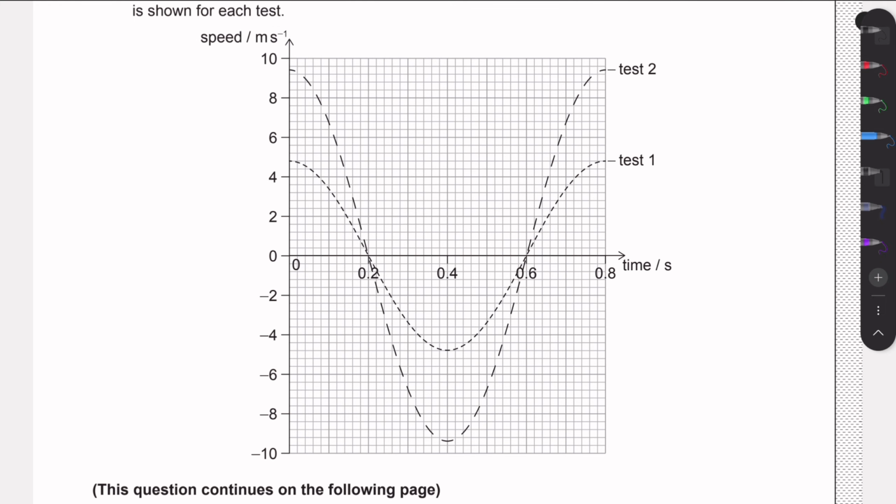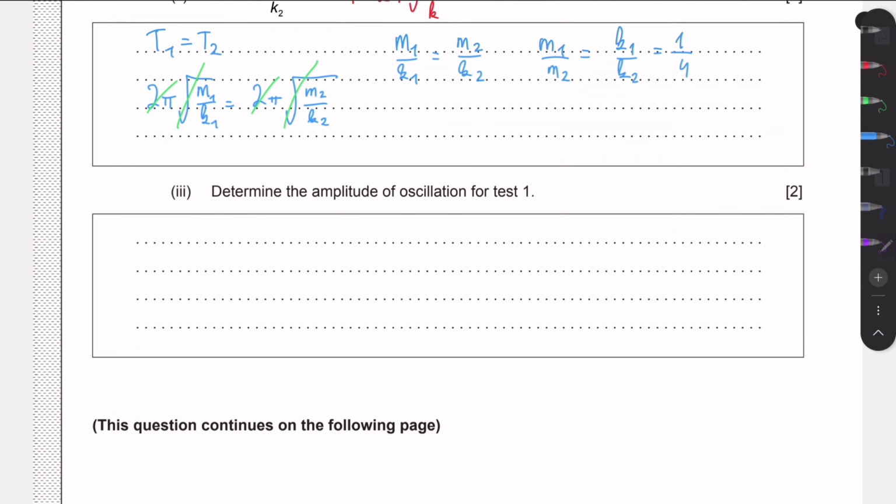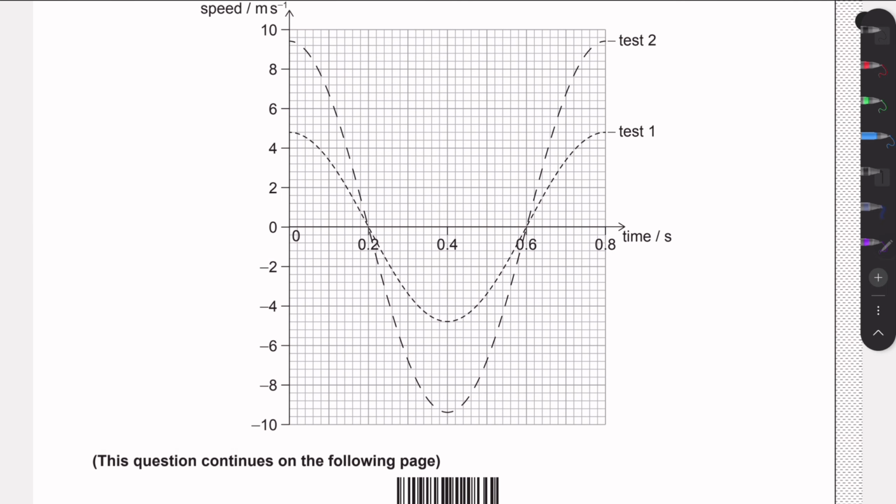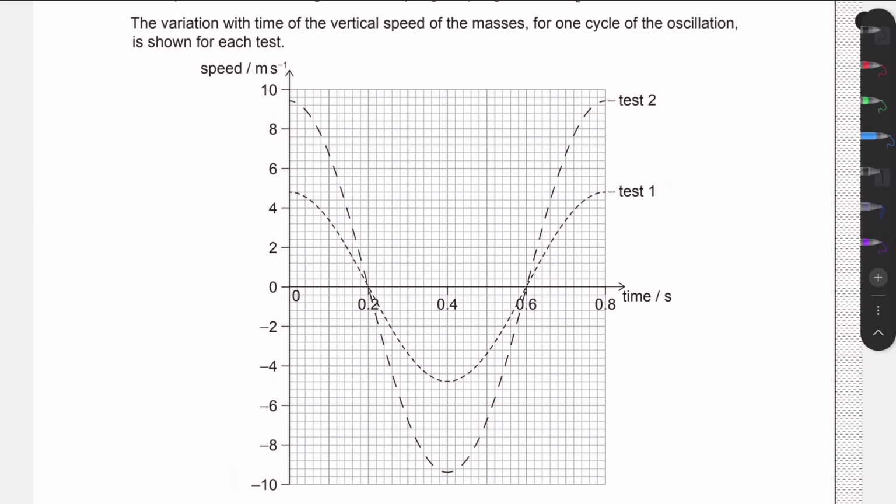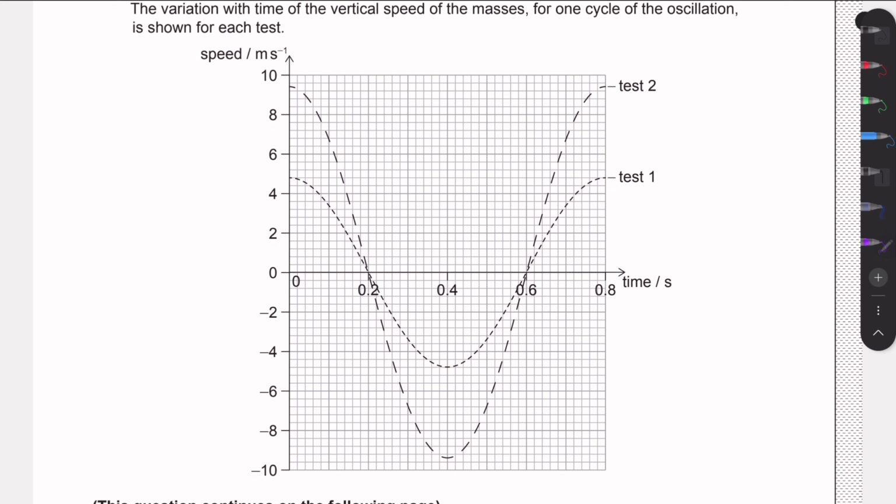For this smaller amplitude oscillation, we don't know whether it's smaller or not. We just see that the maximum speed is going to be smaller. So we can read off the graph that the maximum speed is approximately 4.8, let's say.